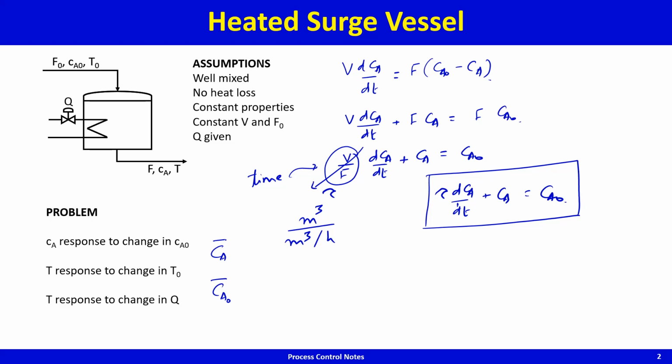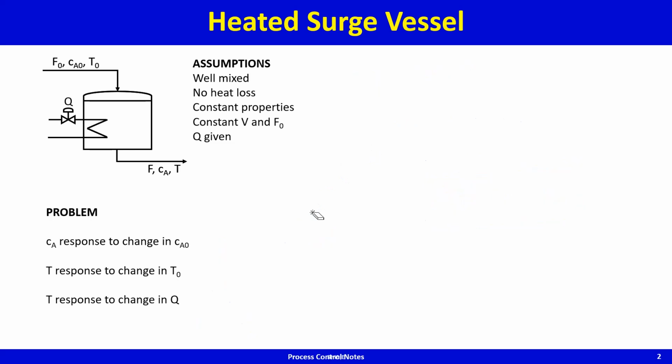And you can see that if you're initially at rest, the exit concentration must be the same as the inlet concentration. So what you have is Ca is equal to, yeah. Now to solve this, you can use the integrating factor approach. Maybe it's easier to do it this way.